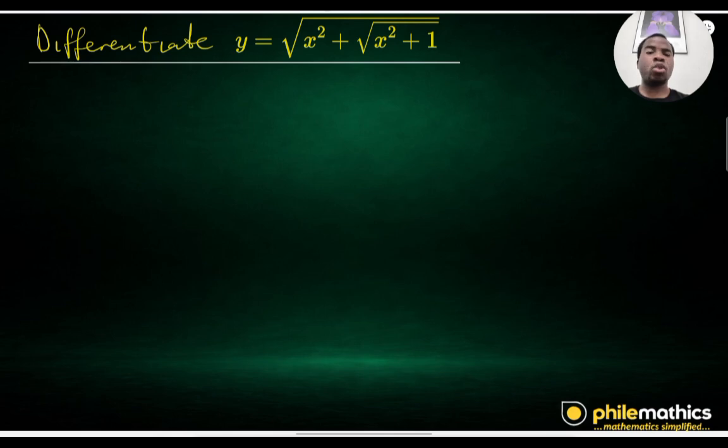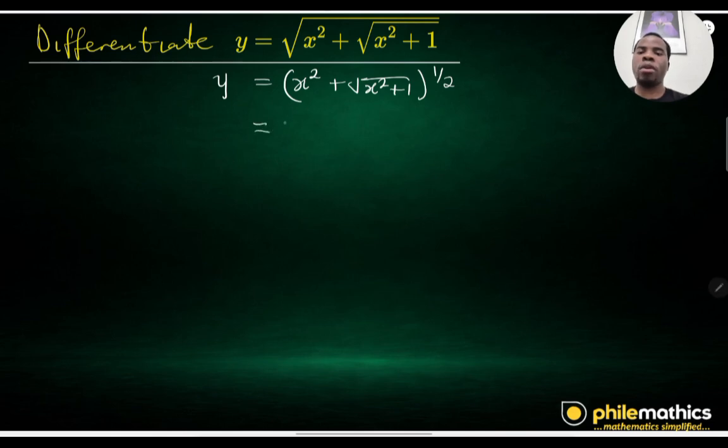To differentiate this root function, we simply use chain rule. So y equals, we can rewrite this as x squared plus square root of x squared plus 1, all to the power 1 over 2. So using chain rule, we multiply by the power and subtract 1.